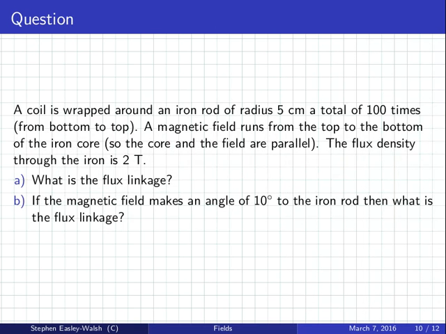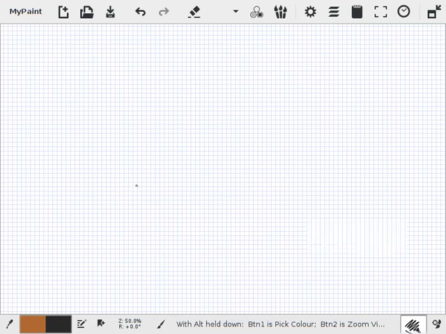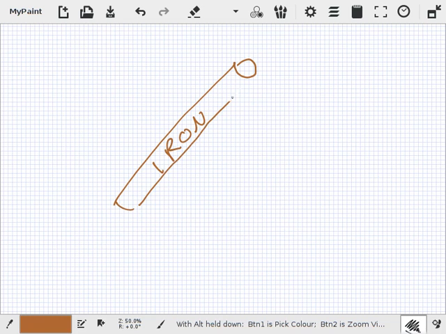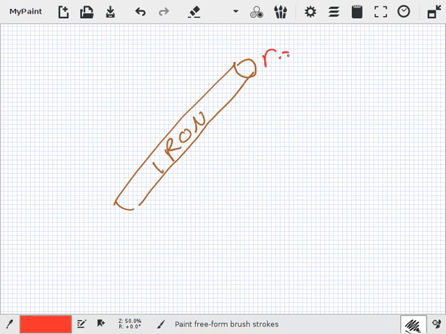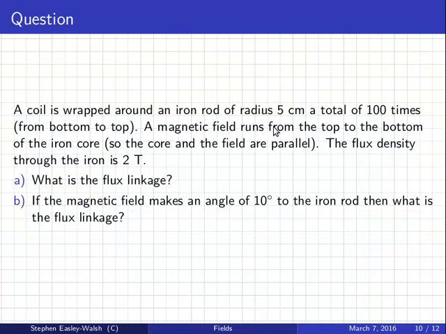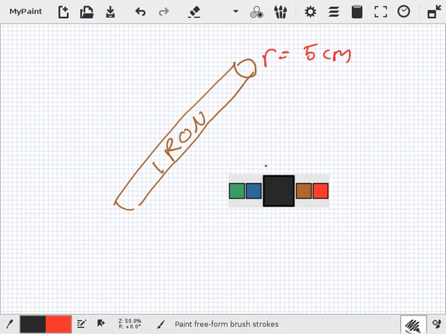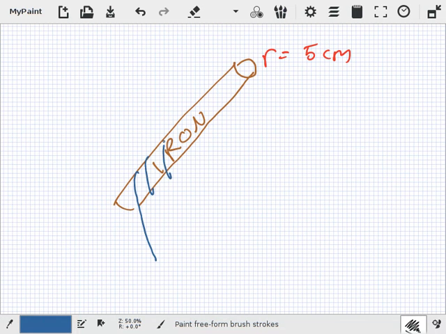Right, last example. A coil is wrapped around an iron rod. So let me just draw this for you. You have a piece of iron, radius 5 centimeters, and it's wrapped around 100 times.